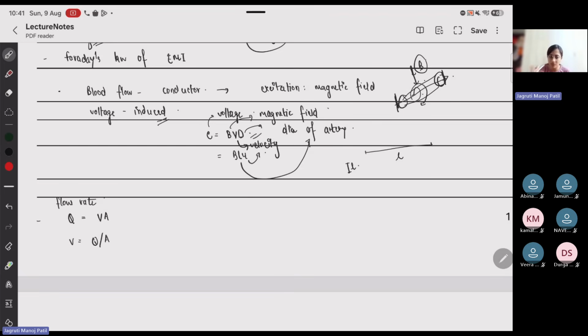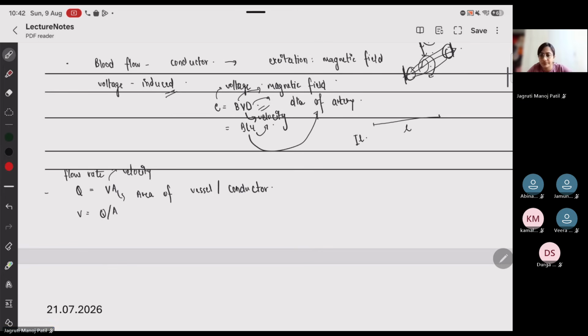Okay, so that's the exact quantity. Sorry for the confusion. And this is the velocity, and this is the E, right? Let's say the vessel can be a conductor. Okay, these are the things that you have in there.